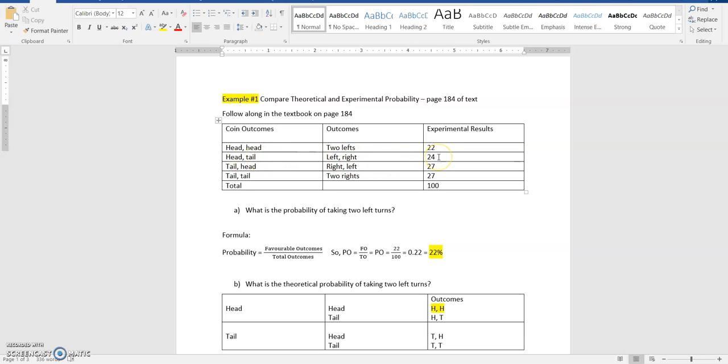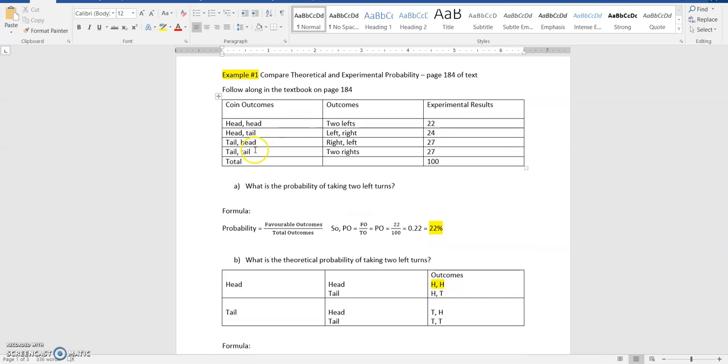That happened 24 times. If the camper flipped a tails then a heads, they would make a right then a left. That happened 27 times. If a camper flipped a tail and another tail, they would make 2 rights. That happened 27 times. If you added up these experimental results, you would get the total, which is 100.